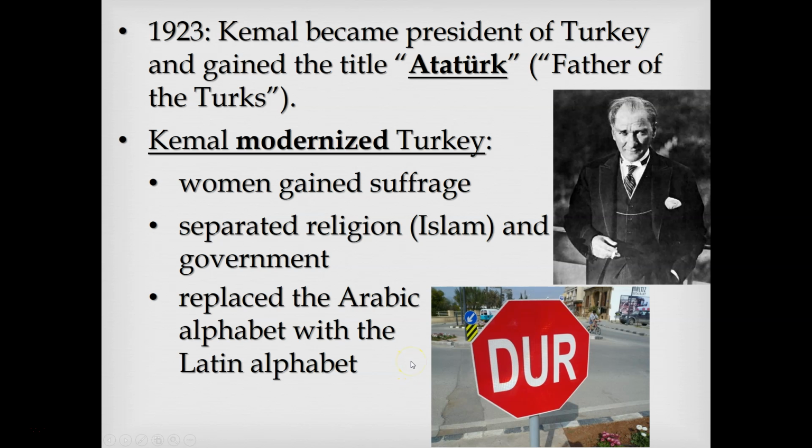And the reason he chose this was he was trying to tie Turkey more closely to Europe. And he felt that if Turkey used the same alphabet that most countries in Europe use, then it would draw Turkey closer. It would make it easier for people to trade with Turkey, and it would just modernize and help Turkey blend in better with Europe.